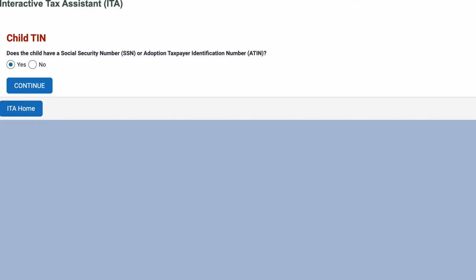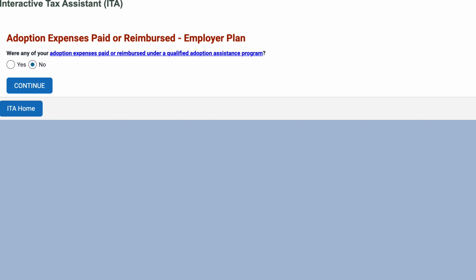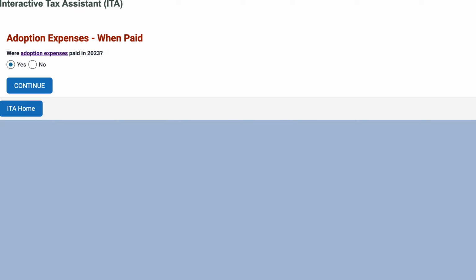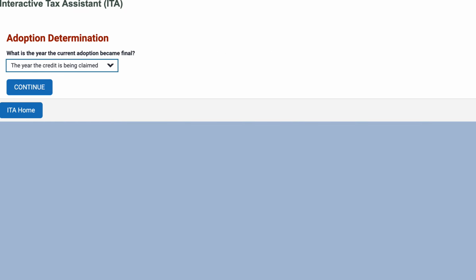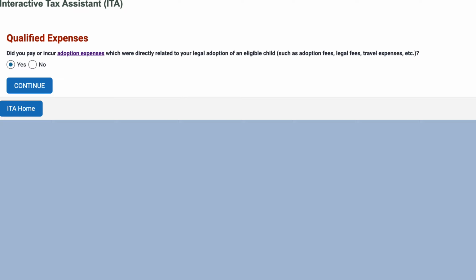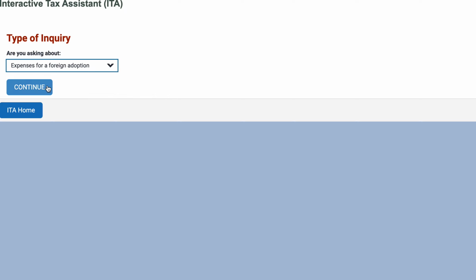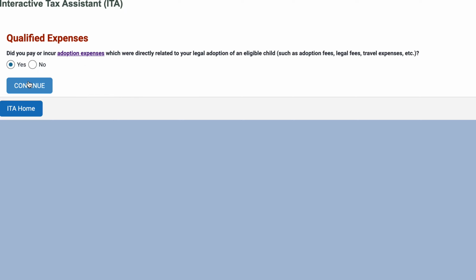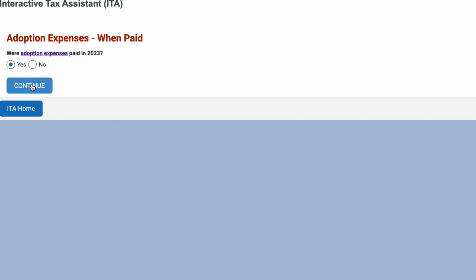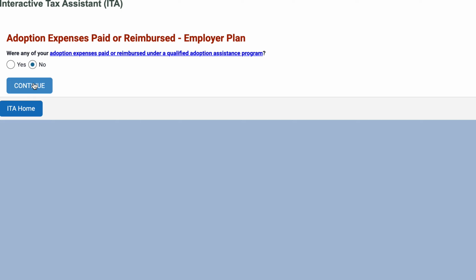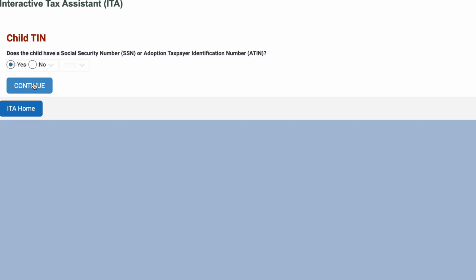So we're going to go back and we're going to say, let's just say we're trying to claim expenses for a foreign adoption. And we'll go through the same thing, see if any other questions pop up that were not previously asked.